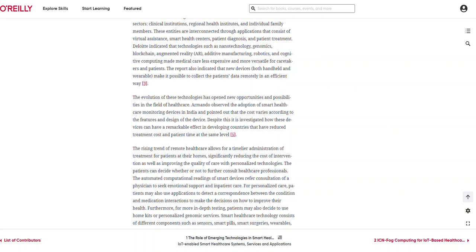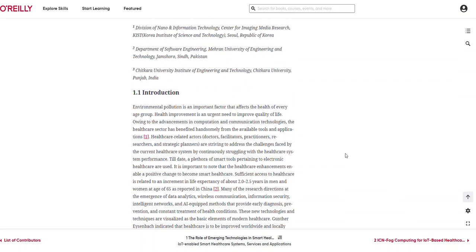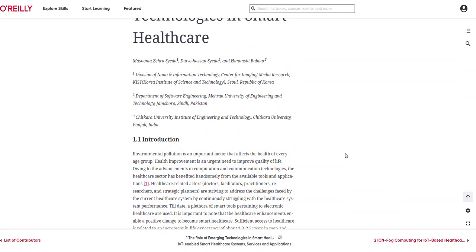We should also mention the role of AI. Artificial intelligence and machine learning are being combined with IoT to create powerful diagnostic and predictive tools. For example, wearable devices can detect atrial fibrillation and alert users or doctors to take immediate action.